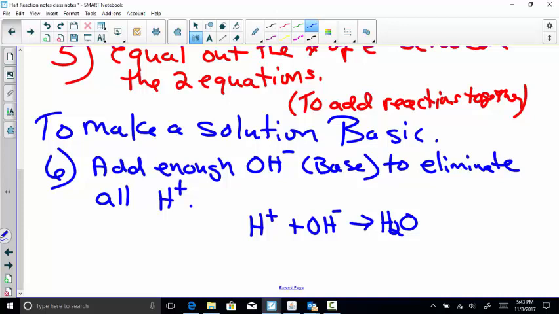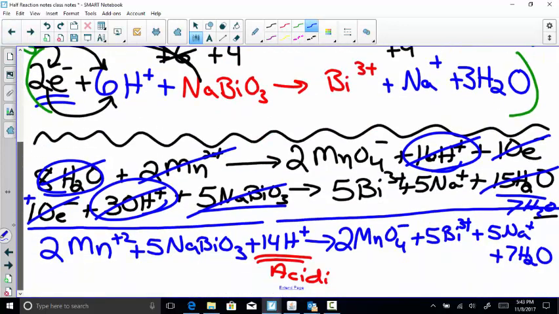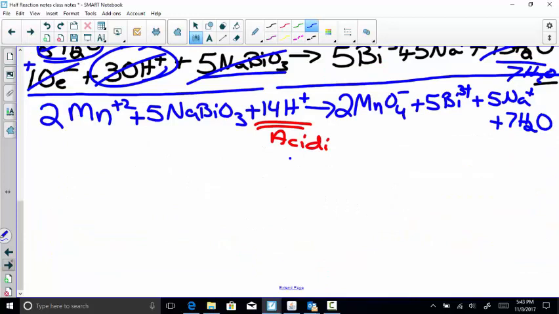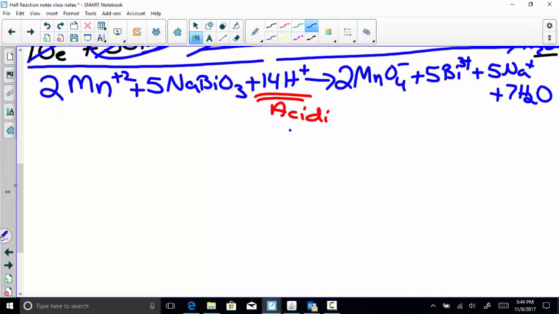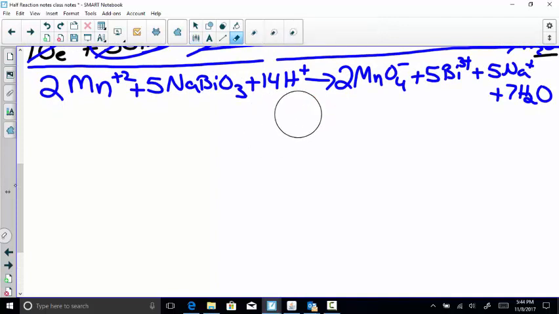So we're going to go back to this. And right now, this is acidic. What we're going to do is make it basic. To make this basic, here's my hydroxide.